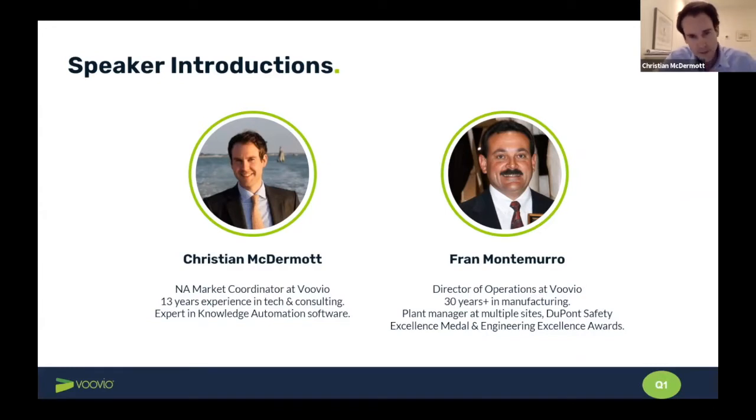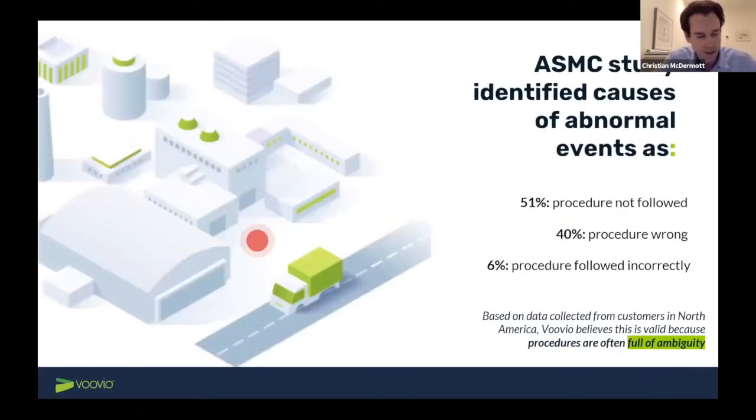So moving on, there have been many studies done about the causes of abnormal events. Generally, there's always humans involved, and human error is a major contributor to abnormal events. But let's dig a little bit deeper here. This ASM consortium study concludes that a major root cause of misoperation is related to procedures.